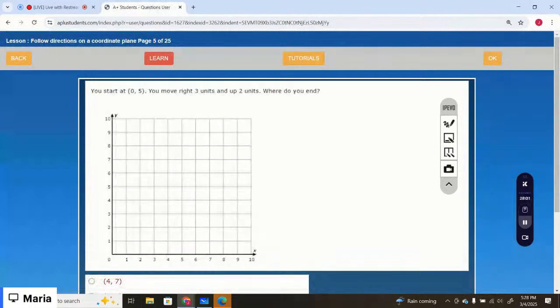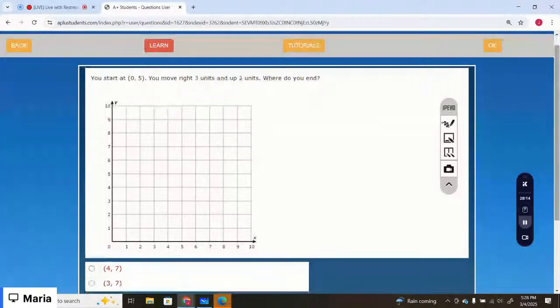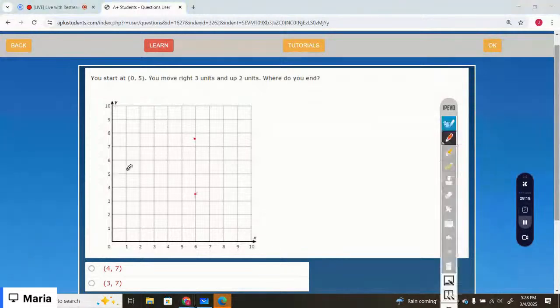You start at 0, 5. You move right 3 units: 1, 2, 3, and up 2 units.